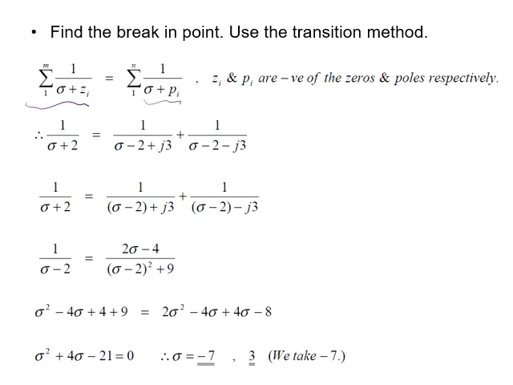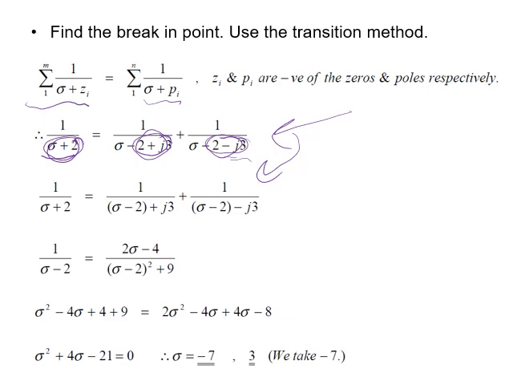So it's 1 over sigma plus 2 equal to 1 over sigma minus 2 plus j3 plus 1 over sigma minus 2 minus j3. Remember, from here we are taking the poles, and from here we are taking the zero. Now, use this equation to solve for sigma.